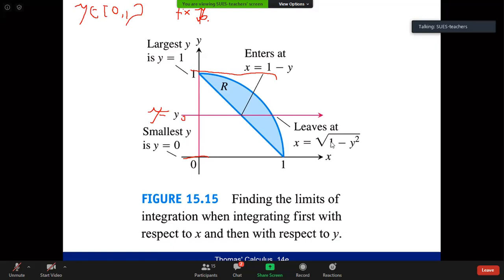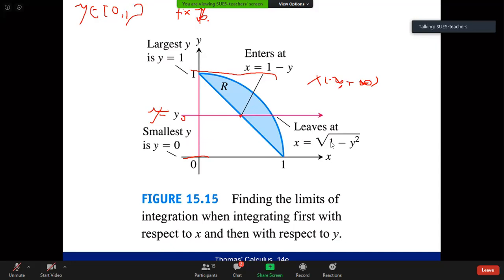For this line, x goes from negative infinity to positive infinity, and then you find the specific points where y equals y0 intersects this area.